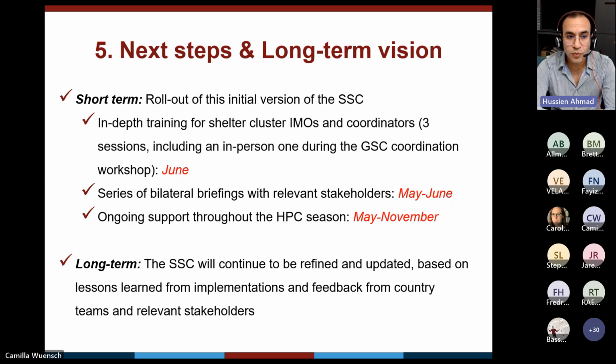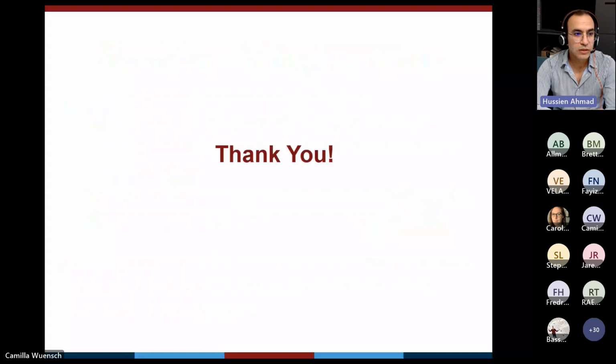We will have ongoing support throughout the HPC season until November, and that will allow us to learn from this first round of implementation, get more detailed feedback from real experiences in the countries and from key stakeholders, and see how we can evolve this framework as a living set of tools, a framework that is really flexible and adaptable to the emerging shelter needs and how we understand them in the countries moving forward. That's all from my side.